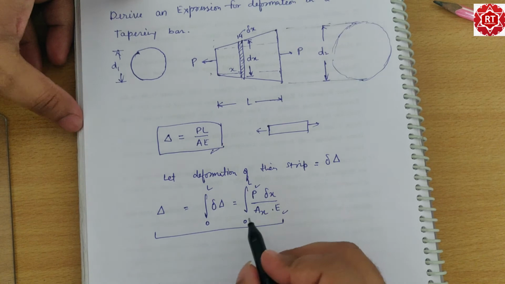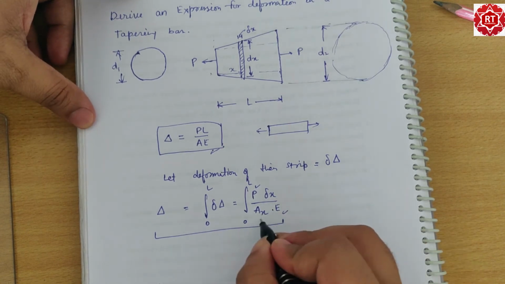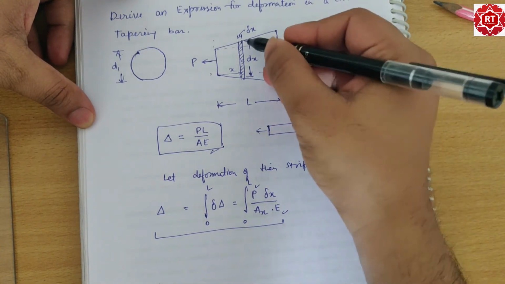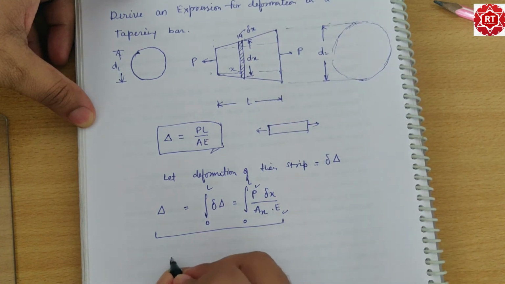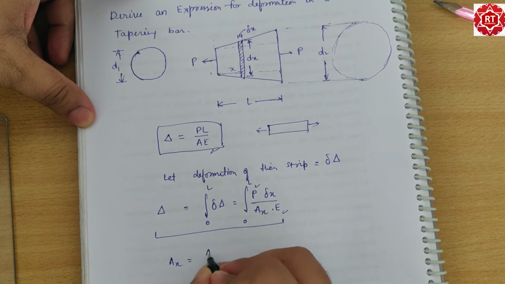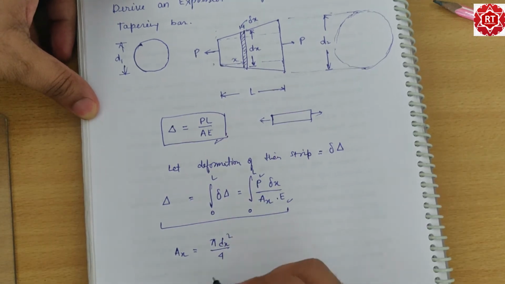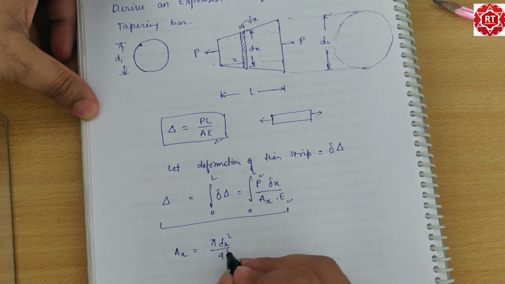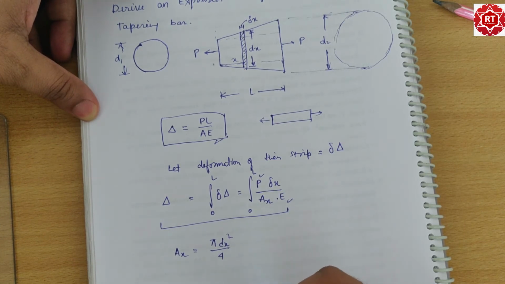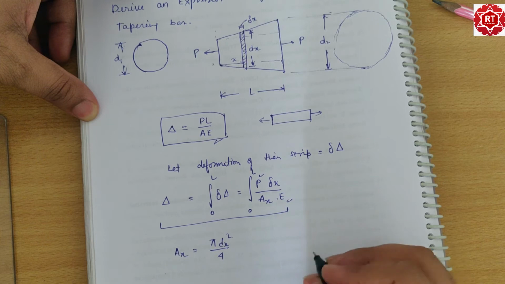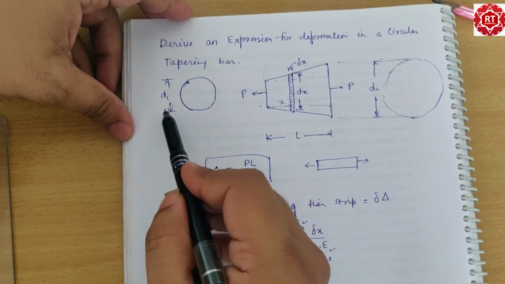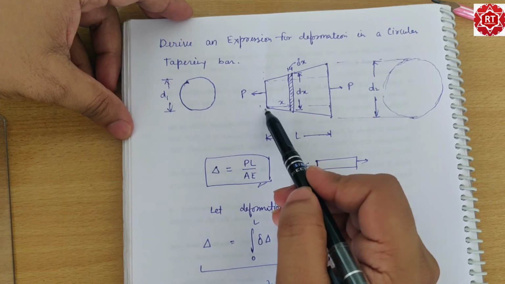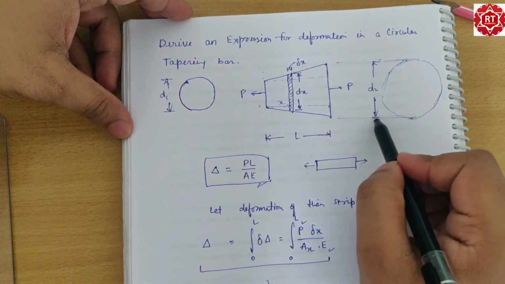Now we know that the area at x will be AX, and therefore AX is equal to pi dx squared by 4. Now we have to find the value of dx. We have already mentioned the diameter at the beginning is d1 and at the end is d2.